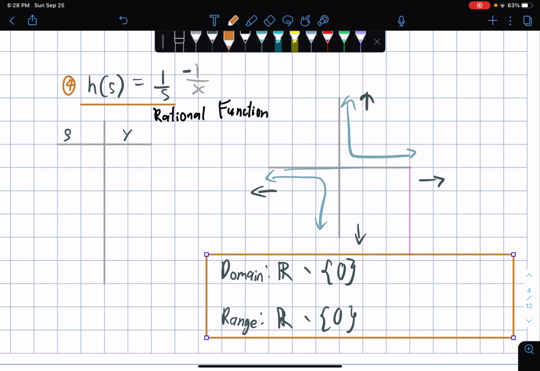There's actually another way to write domain, possibly range as well, but let me just add this up. So from the very left side, it's negative infinity, then we end up at 0, then union 0, positive infinity.